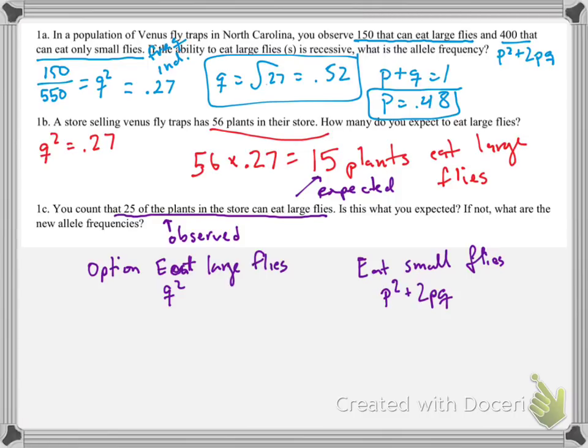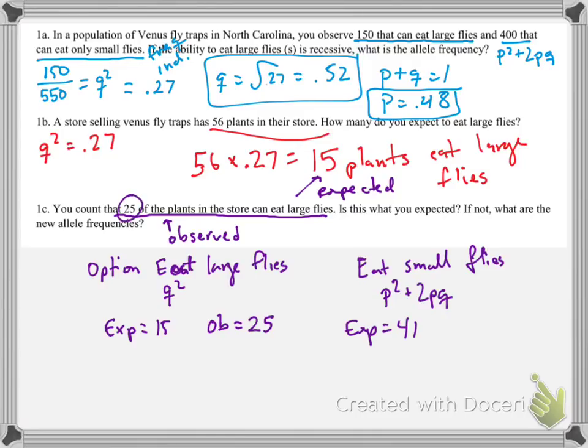So if we come down here, what is my expected value of individuals who eat large flies? 15. What is my observed? 25. Over here, what is my expected that would eat small flies? Expected would be 41. How did I get that number?